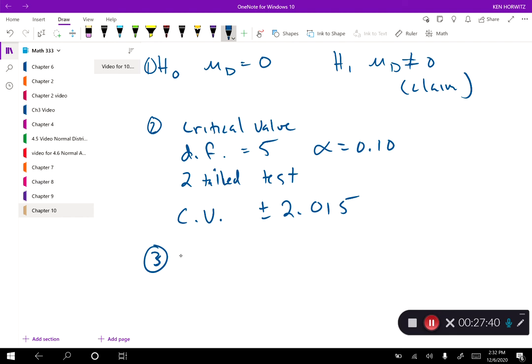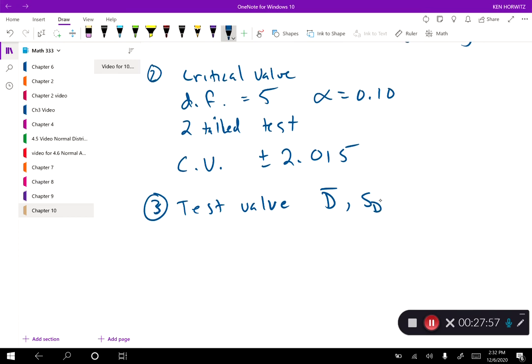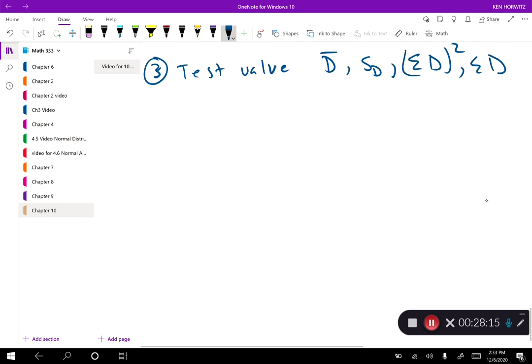For our test value, we need d bar. We need the standard deviation of our differences. We also need the sum of our differences squared and just the sum of our differences. So we got to make a chart, just like we did before.